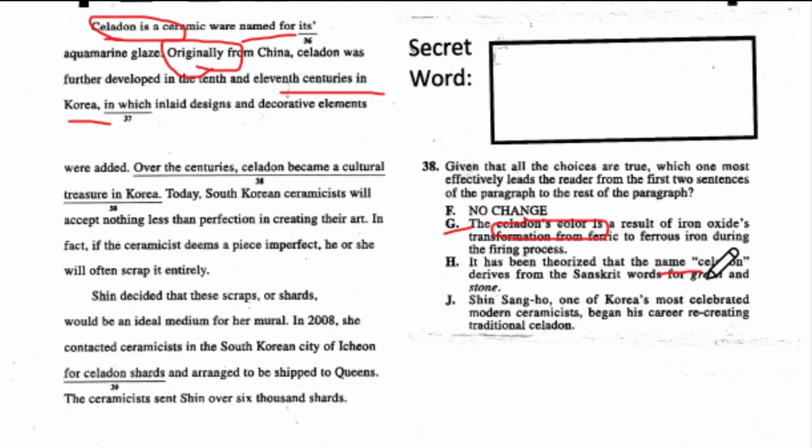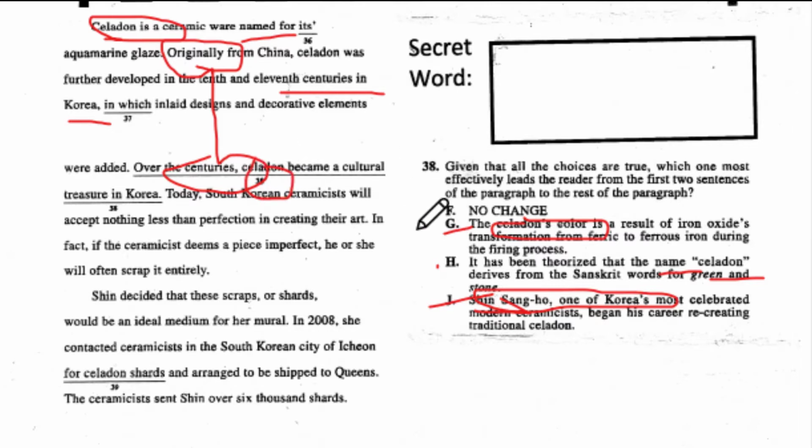And Celadon, so that looks like that's okay so far. We'll put a dot by it. And answer choice J talks about the person's name from Korea, so that doesn't match at all. So right away you'll be able to knock out two choices. If you look over here at answer choice F, it talks about centuries, which would link you back to originally, which is time orientation kind of a thing. And then over here it does say Celadon.